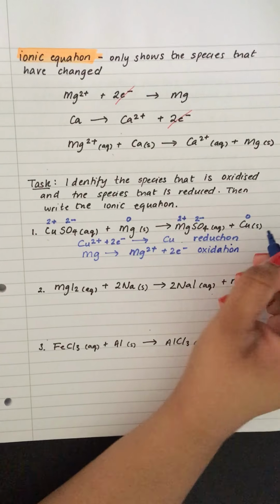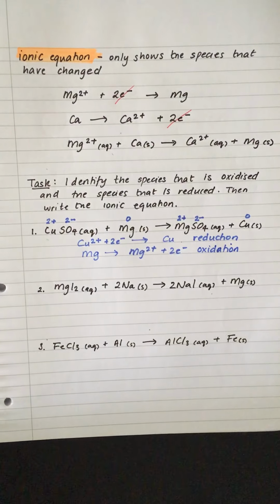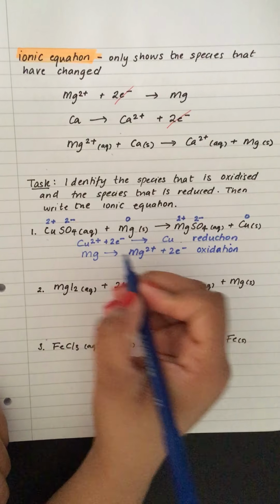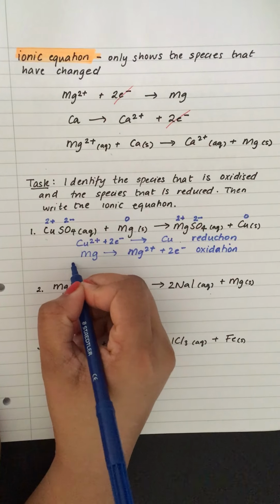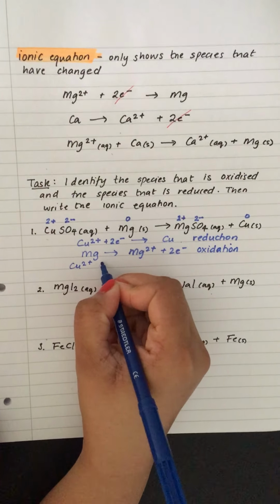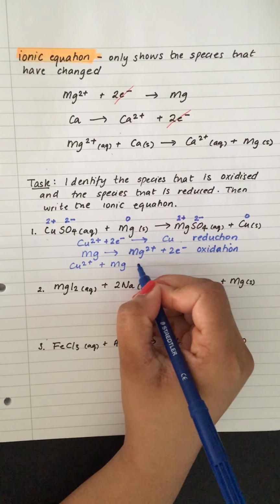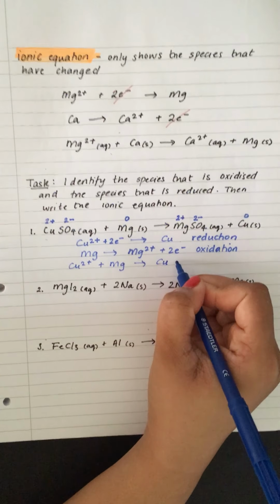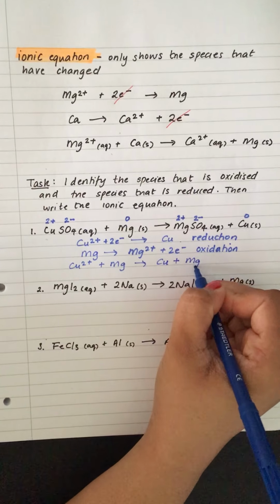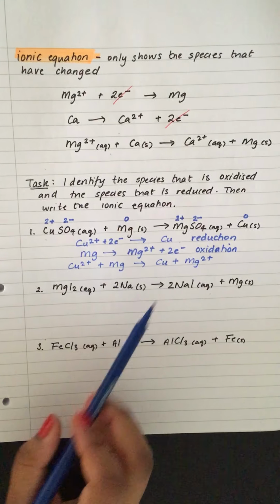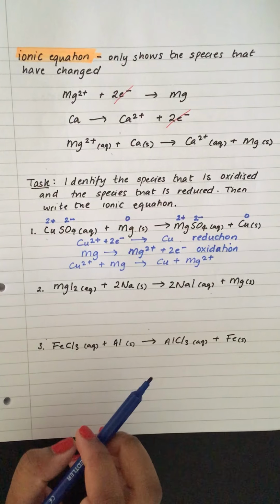And for my ionic equation, I'm simply going to combine the two half equations. So it will be Cu2 plus plus Mg. Remember, I don't need to include my electrons. Cu plus Mg2 plus. And that really clearly shows how the charges have changed in this reaction.